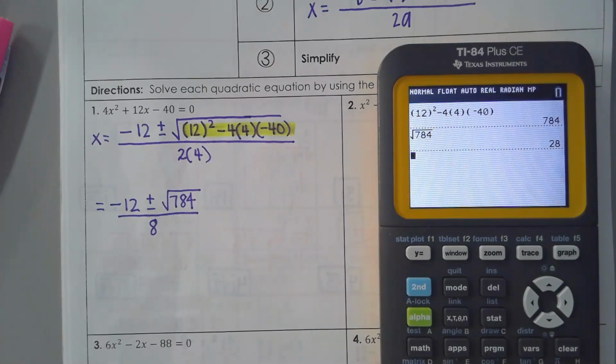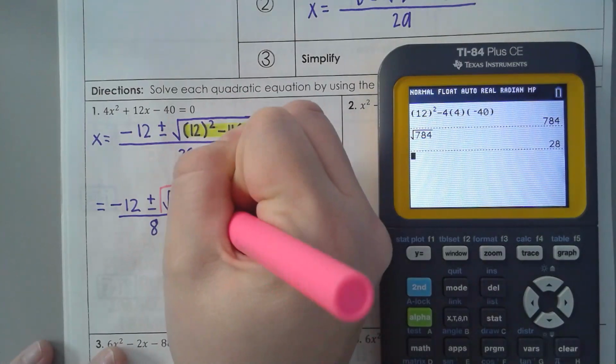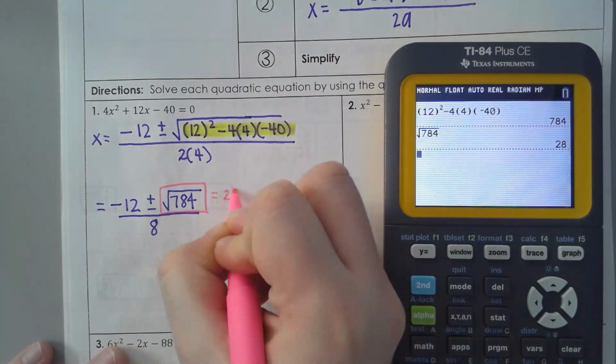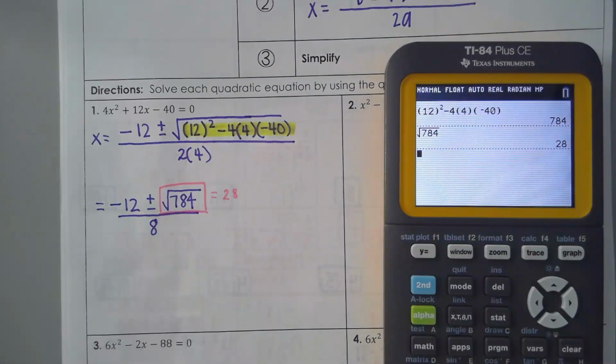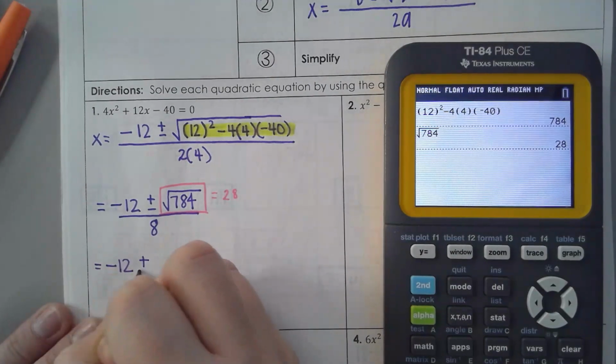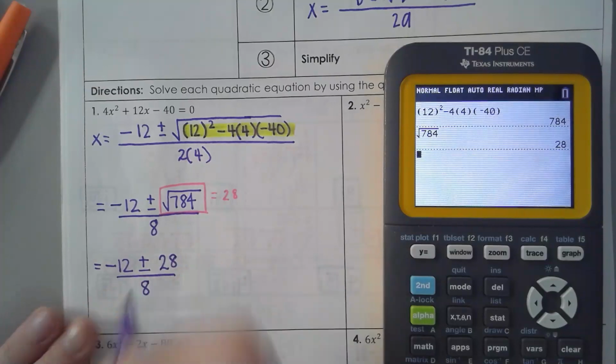Is it? Yes, it is. So I can replace the square root of 784 with 28. So I would have negative 12 plus or minus 28 over 8.